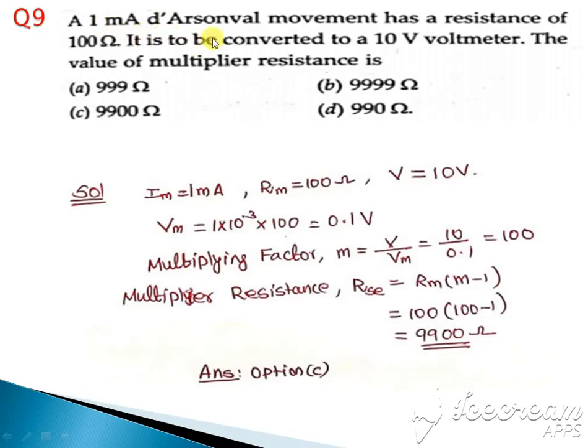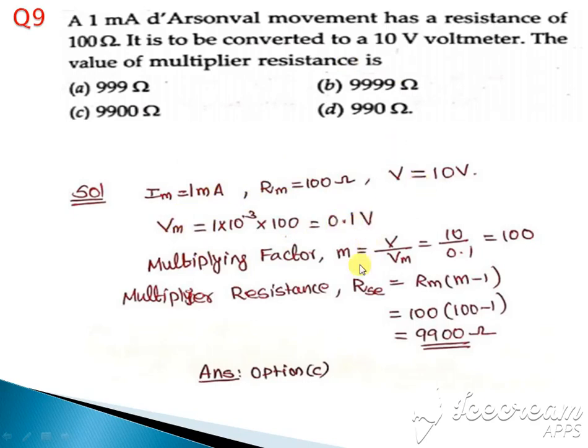So 9th question. A 1 milliampere D'Arsonval movement has a resistance of 100 ohm. It is to be converted to a 10 volt voltmeter. The value of the multiplier resistance is? So Im is given as 1 milliampere, Rm is 100, V is equal to 10 volt. Now we need to find the voltage of the voltmeter movement. Simply multiply these two, we get Vm, 0.1 volt.